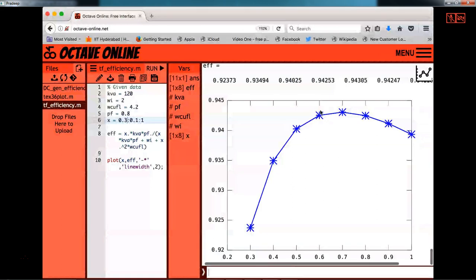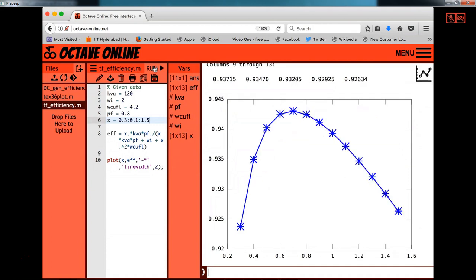At 70% it is even higher. Maximum it is reaching. Then again the efficiency starts reducing. And if I increase further, if I go up to 1.5, you see the efficiency is further dropping if I overload a transformer.